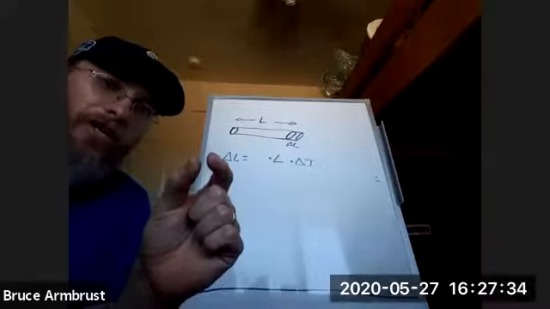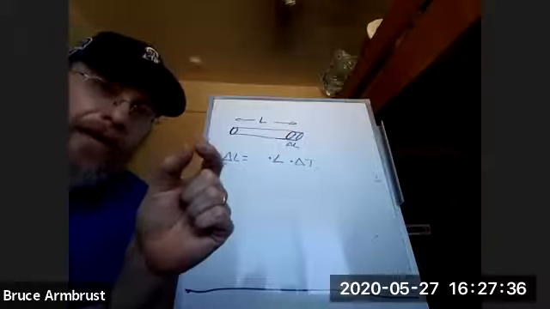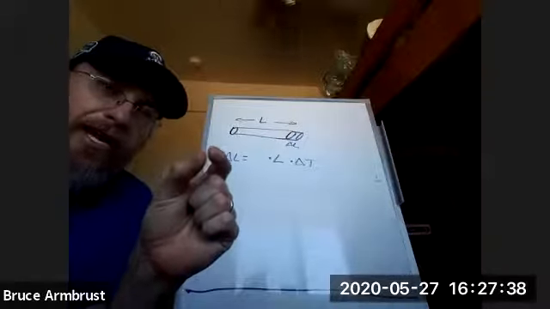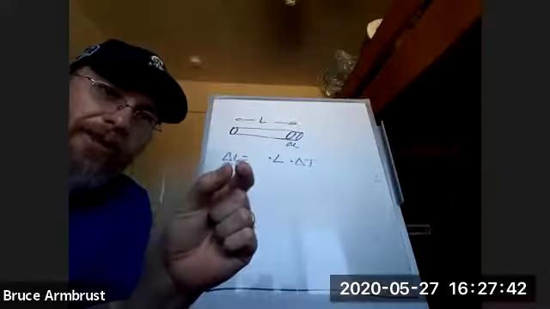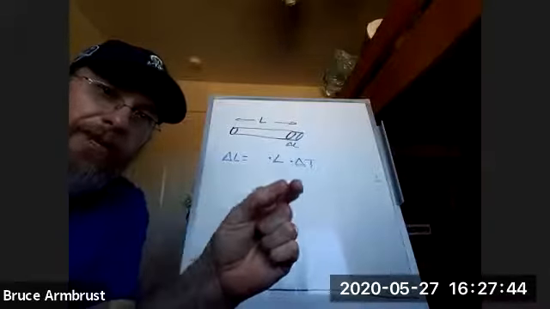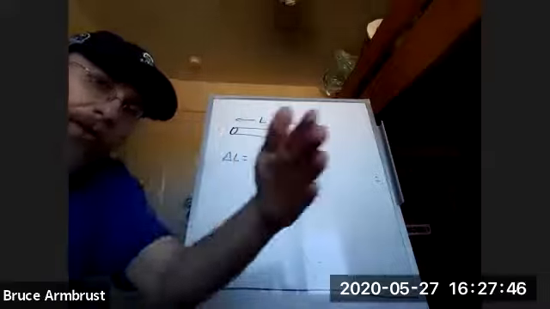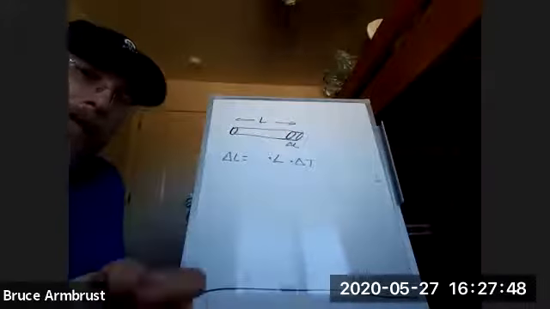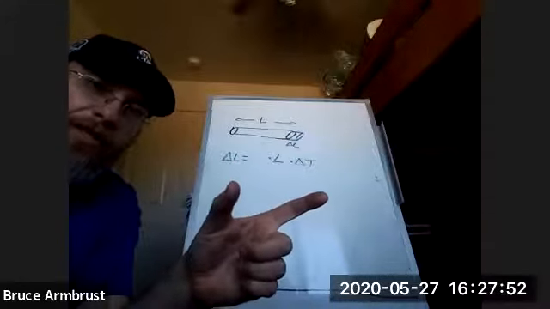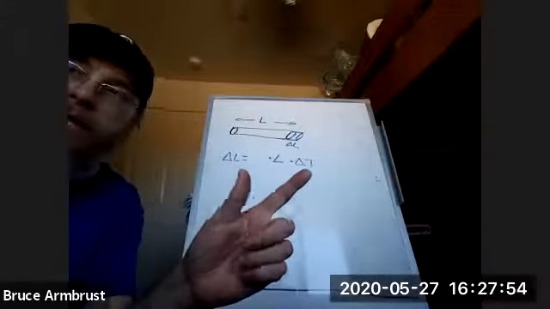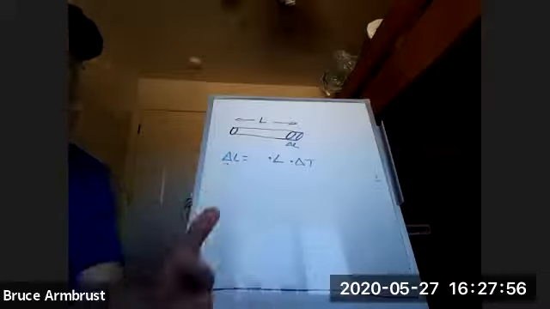That little thin chunk is going to create a certain amount of change. Well, the next little thin chunk does the same thing, and the next does the same. And so all of those little pieces are going to add a little bit to our total change in length. And it's going to depend on how many of those little slices we have.